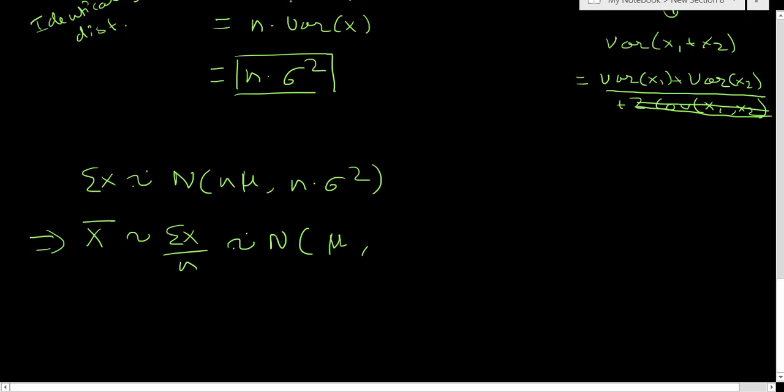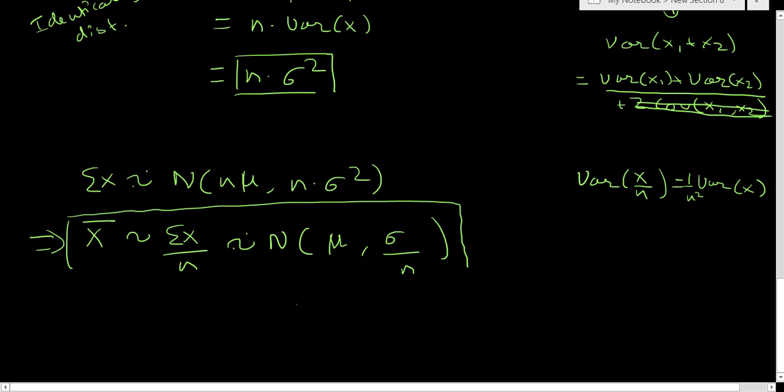Now since this term has been divided by n, I'll have to divide the variance by a term of n square, because we know that the variance of x upon n is the same as 1 upon n square times the variance of x. So I'll have to divide this term by n square, so I'll have a sigma square by n term here. So this is the distribution of the mean.